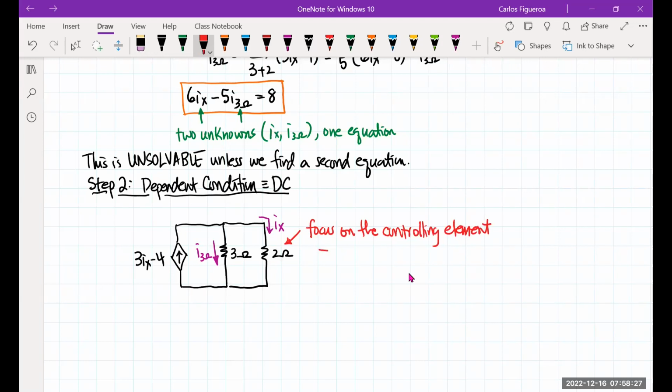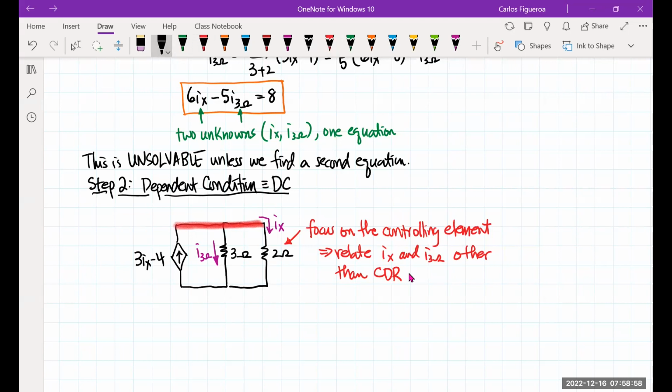That implies I have to relate Ix and I3 other than with CDR. If I look at this top node, you can see that I have 3 currents here.